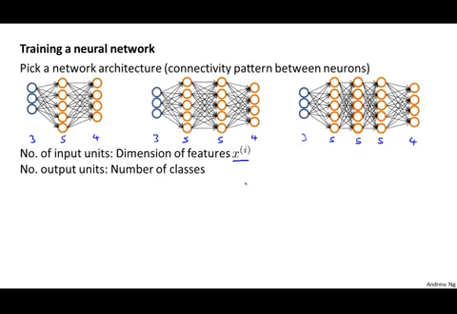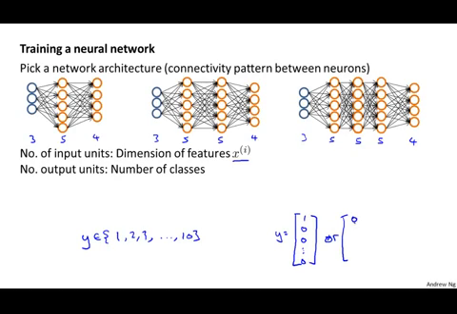And just a reminder, if you have a multi-class classification where y takes on, say, values between 1 and 10, so that you have 10 possible classes, then remember to rewrite your outputs y as these sorts of vectors. So instead of class 1, you recode it as a vector like that, or for the second class, you recode it as a vector like that.